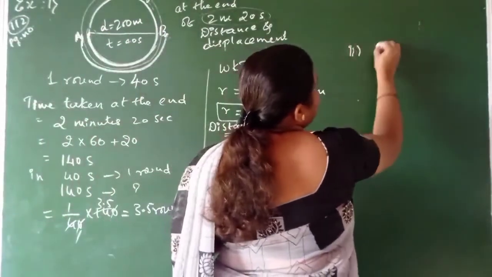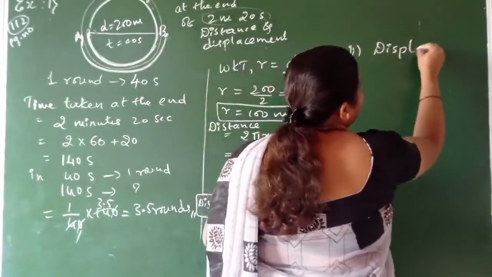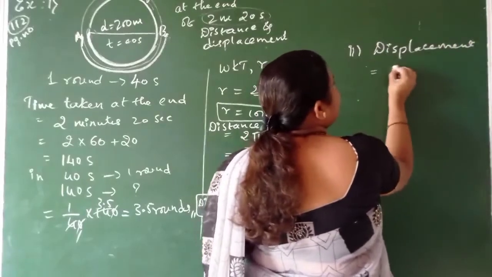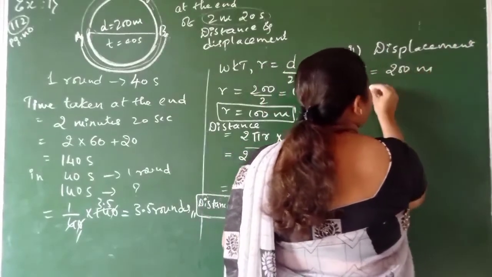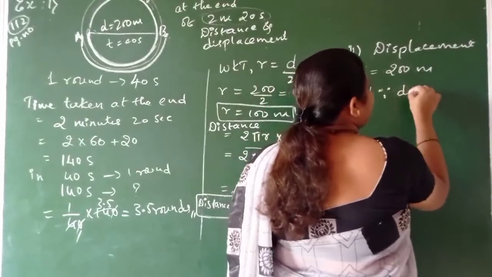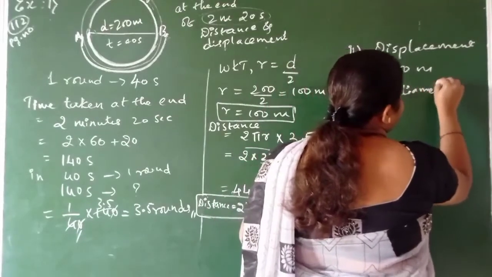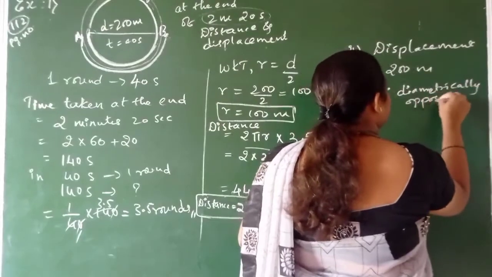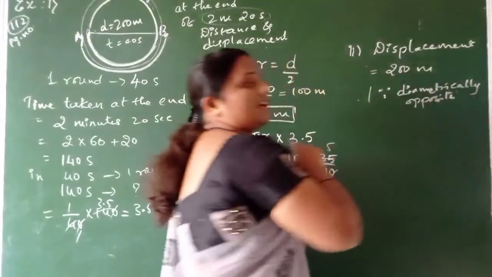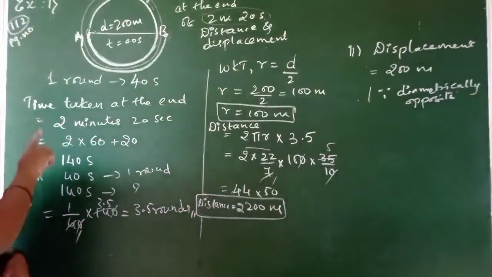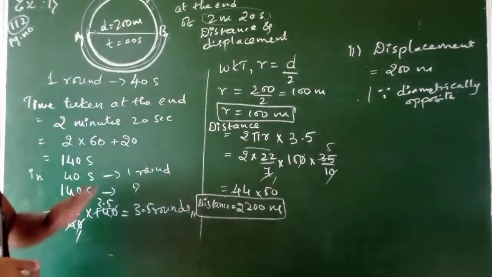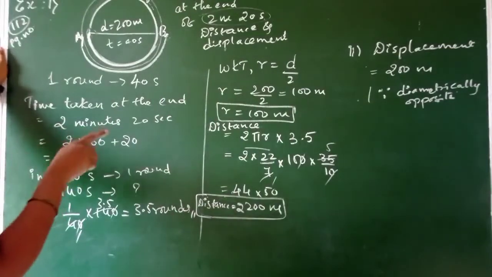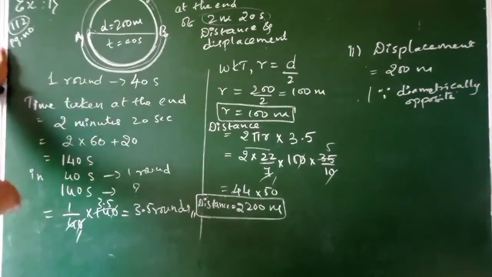The second one: displacement is what? 200 meter, because diametrically it is opposite. The final point is diametrically opposite to the initial point. Hence, we will get the same 200 meter. Whatever the diameter we have, that only we will get.